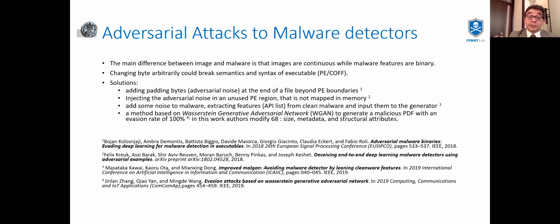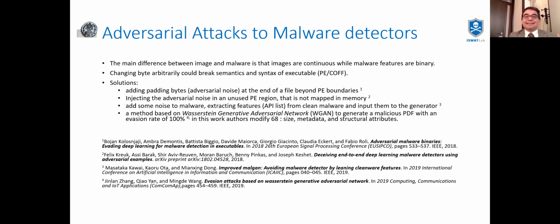Another solution is to inject adversarial noise in unused portable executable regions that are not mapped in memory. This is very difficult to achieve because, of course, you have to put your stuff in regions that you cannot govern, so you couldn't have enough space, for instance.